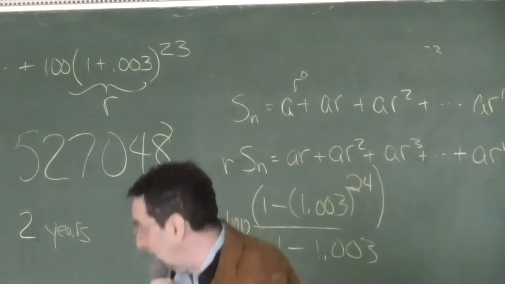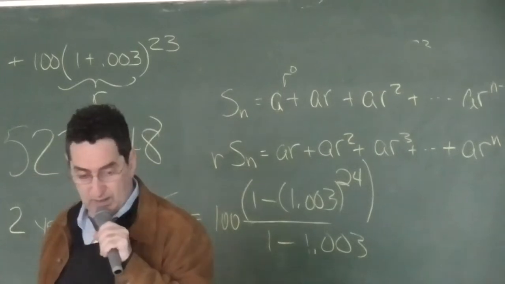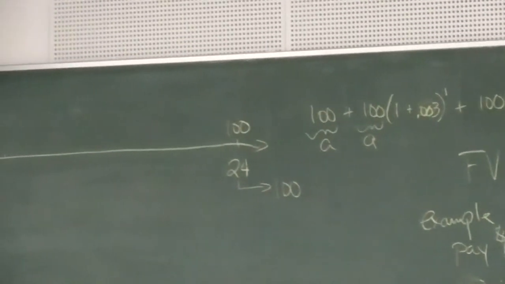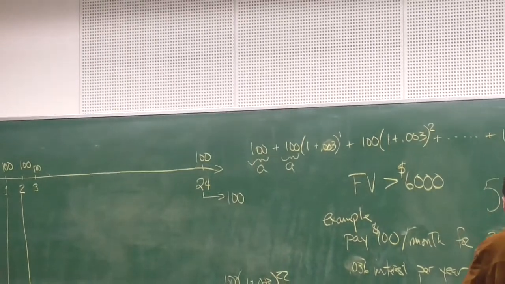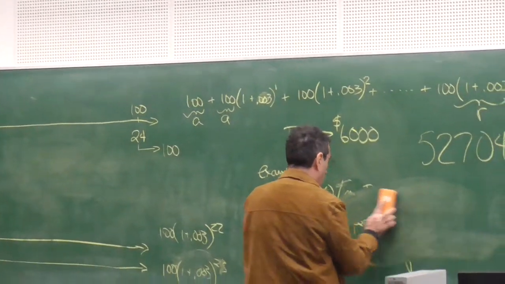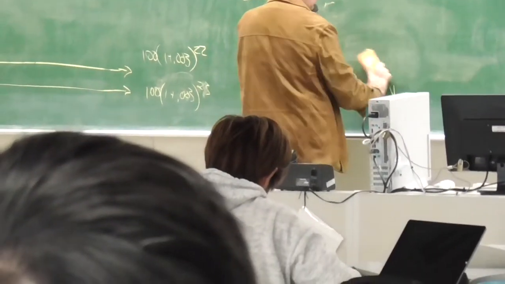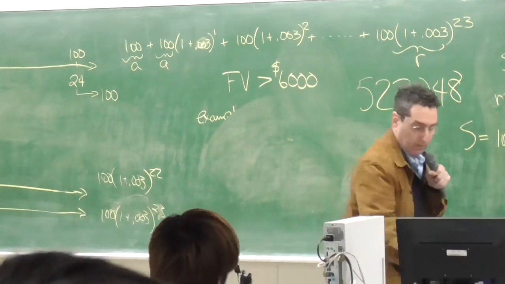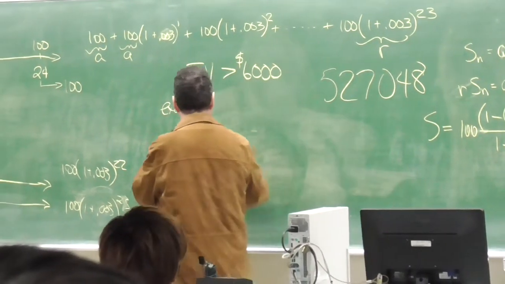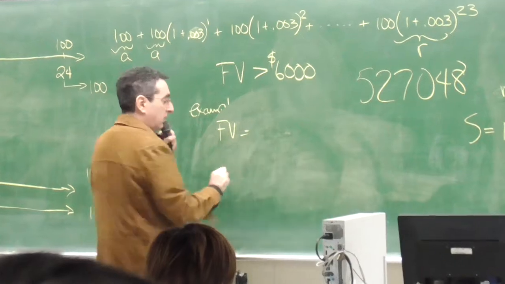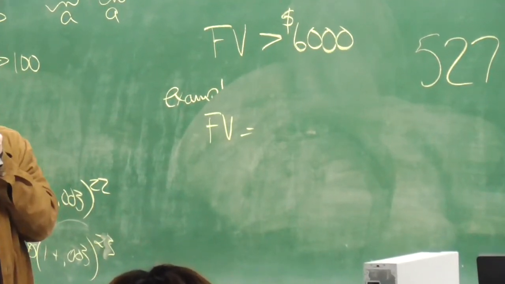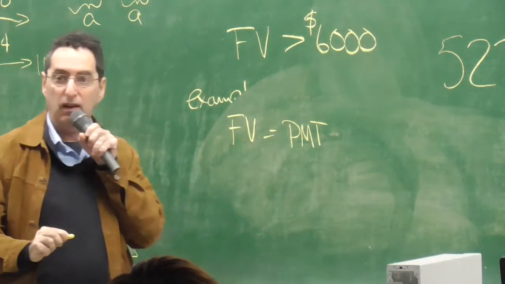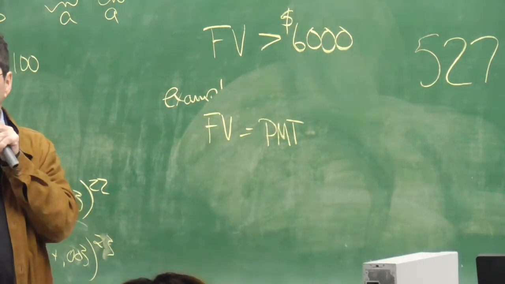Okay, let's do an example. Okay, so let's do this one. Let's rewrite that formula in terms of the symbols. So what's this formula in symbols? The future value is the S, right? And this is called PMT, I guess, the monthly payment. I think they call it PMT.